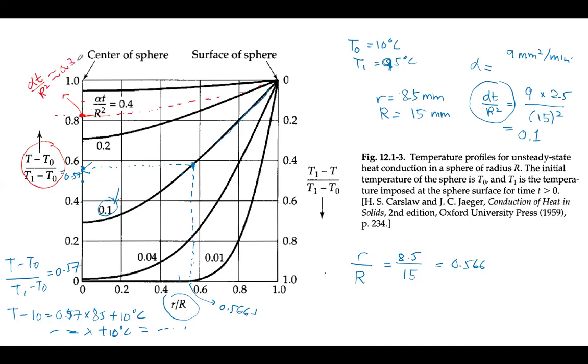How do we do the interpolation, Bu? This is your engineering judgment, because it's almost half, somewhere between 0.2 and 0.4, so maybe around 0.3 in this case.